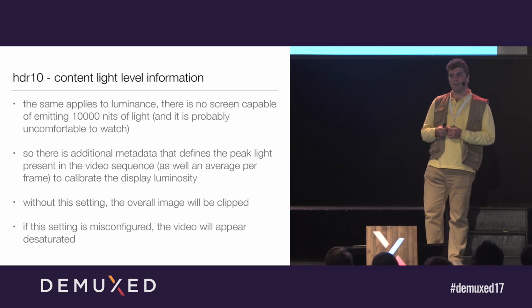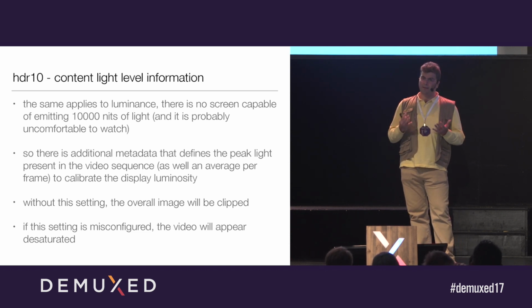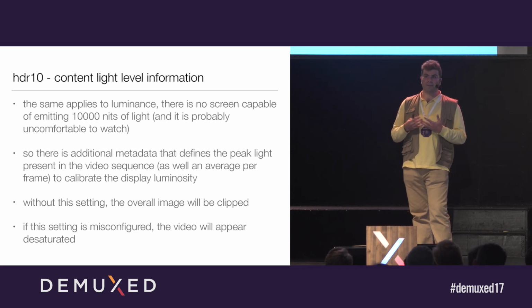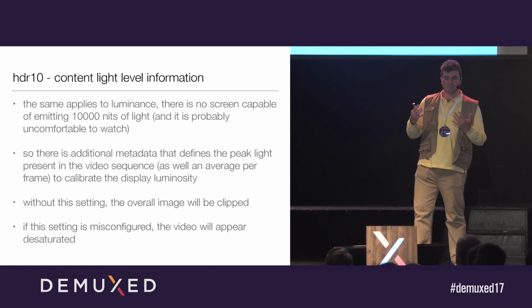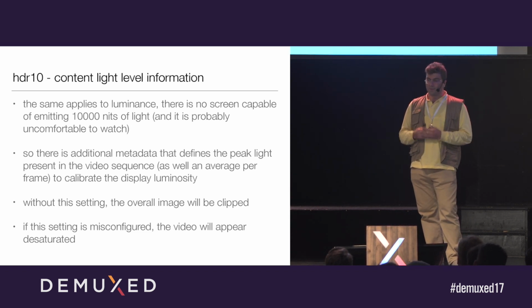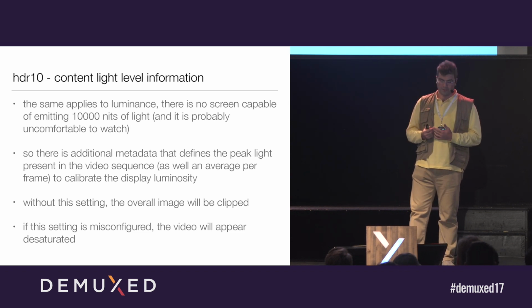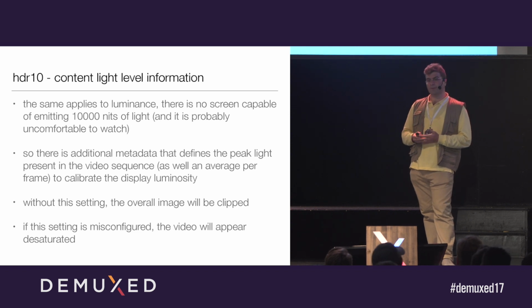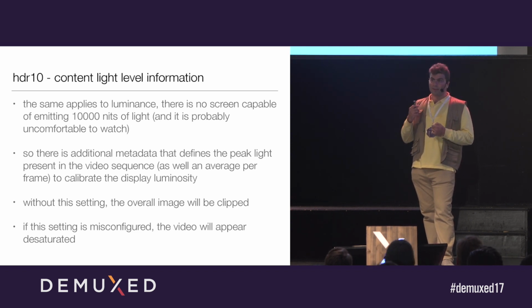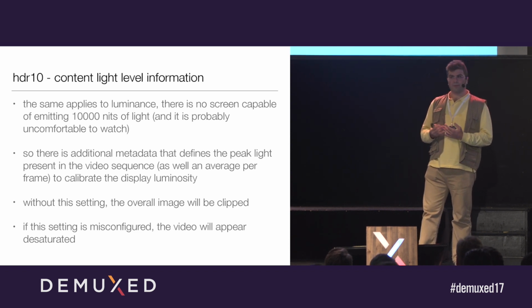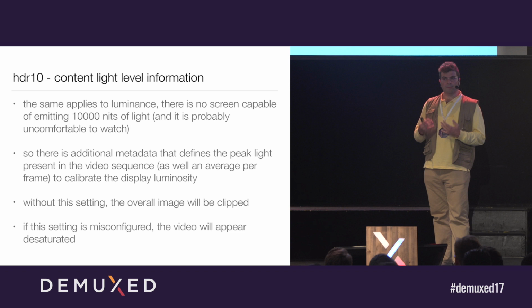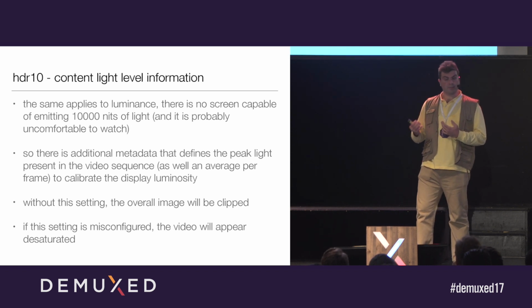The other one is the content light level. Since there is no 10,000 nits display, and probably that's a good thing since in a dark room it would be hard to keep watching, there is additional metadata that records the maximum luminance present in the video. And this is a very important setting because the rendering engine needs to be informed of the maximum luminance present in the stream, so that it does not clip.